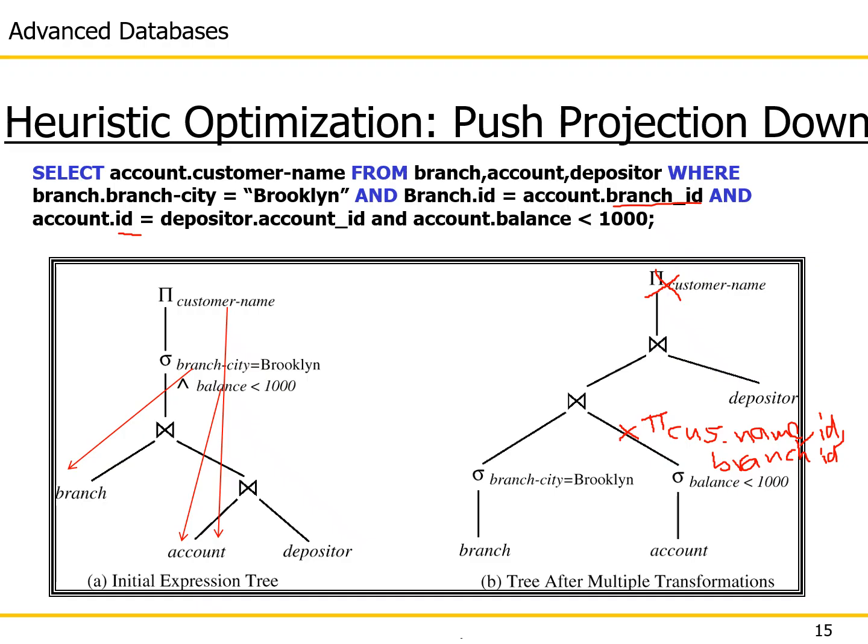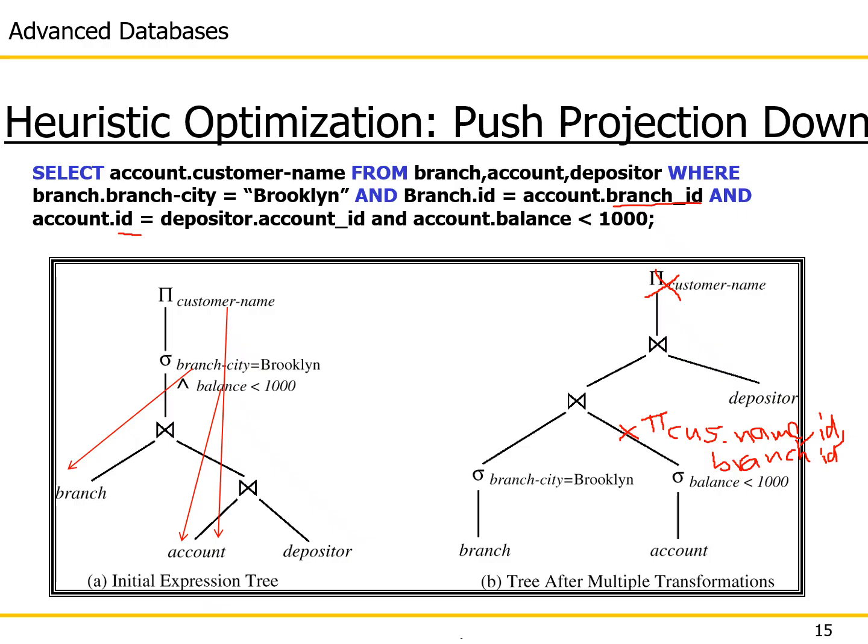If the select statement is doing a projection, in this case account.customer-name, then we should revise what we are actually propagating upward from the leaf level, from the relations, to include only the columns that will be included in the join, and the columns that are being projected. Obviously, it does not make sense to only propagate upward the column that will be finally projected, because the join to be performed, I need the common column between the tables that are being joined.